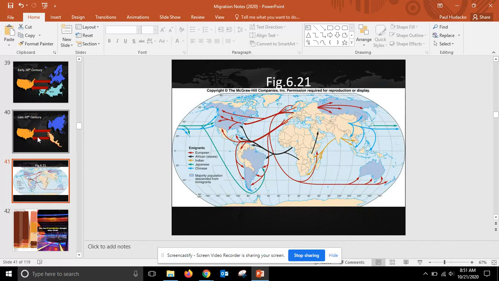So if we look across history at where these immigrants are all coming from, this map gives you a really good idea of where they're coming from. We can see the Europeans coming from the different parts of Europe and where they're migrating to in the United States. We see the Asians coming across to the West Coast. And if you notice on this graphic, as they come to the West Coast, that's when they can make their migratory patterns to large cities on the Eastern Coast as well.